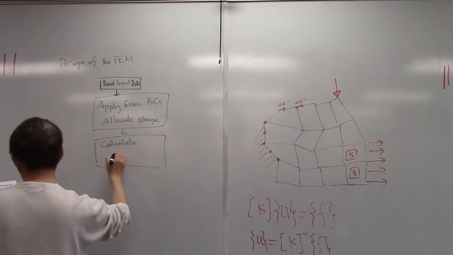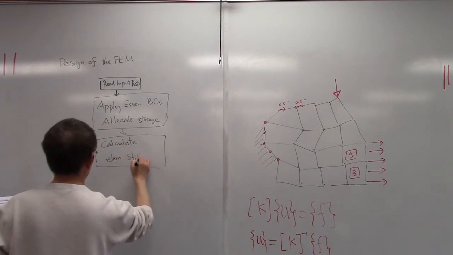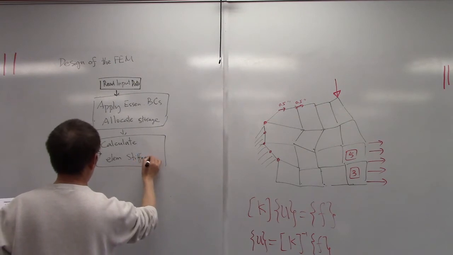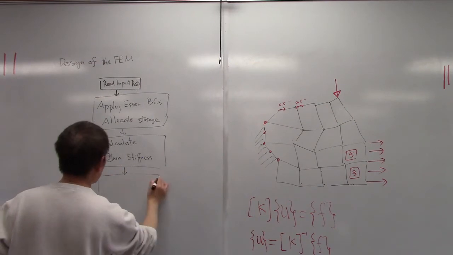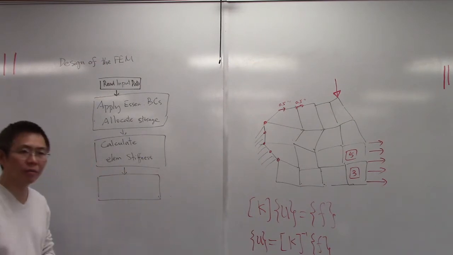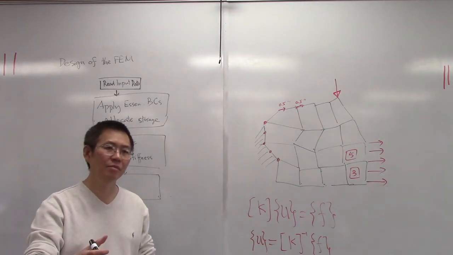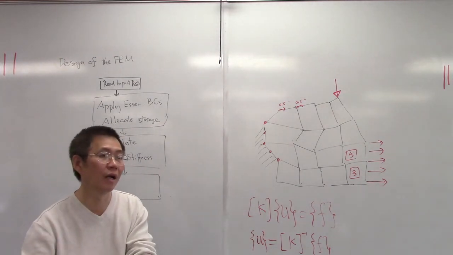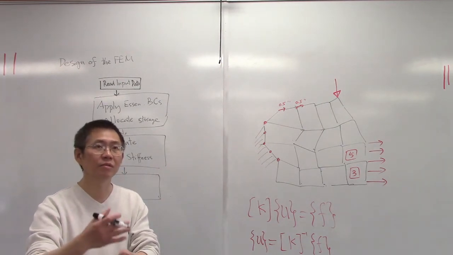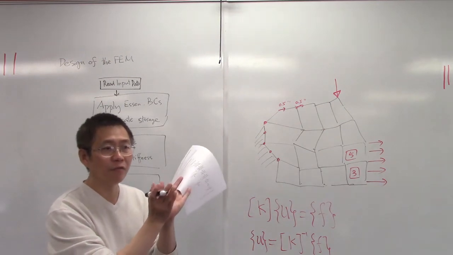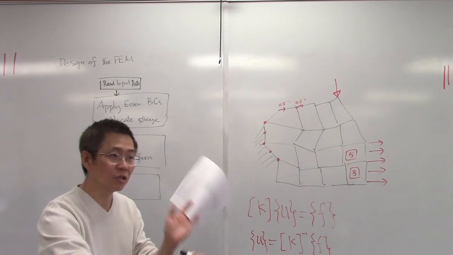Okay? And then the next step will be calculate element stiffness. Conceptually we loop through all elements, calculate these element stiffness, and then we do assembly. But it will be much more efficient in terms of program: whenever you are done with one element, put those element coefficients into the global one.